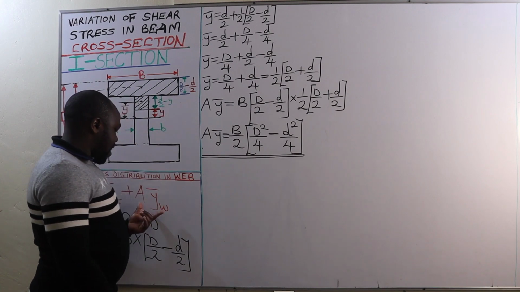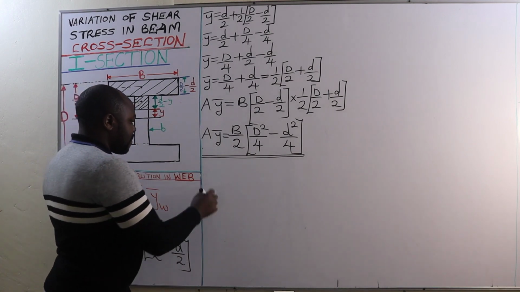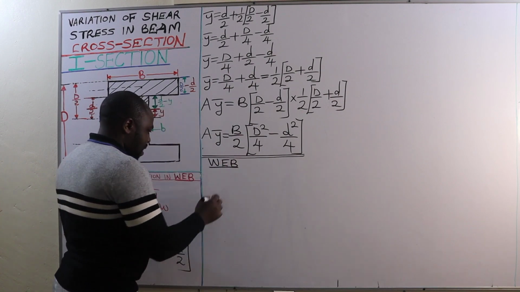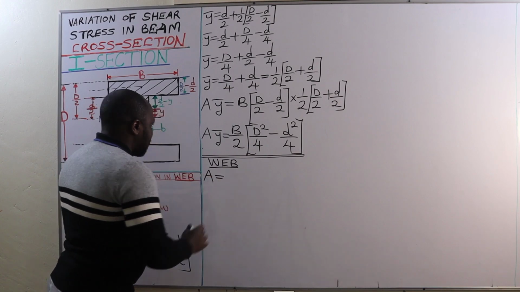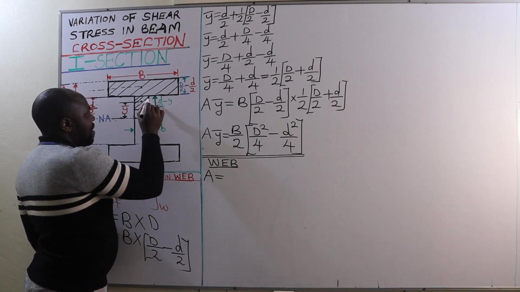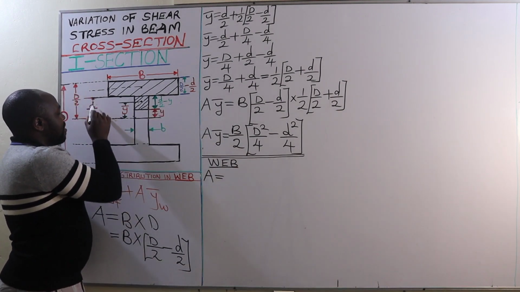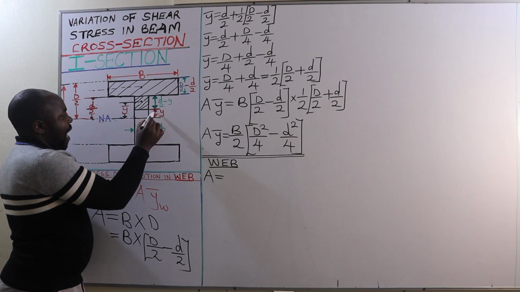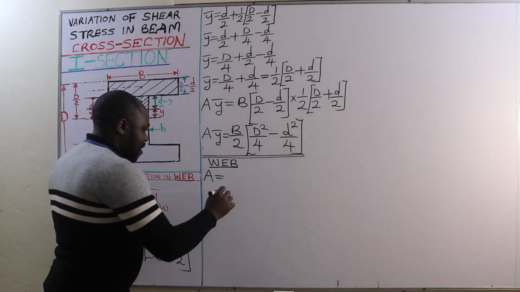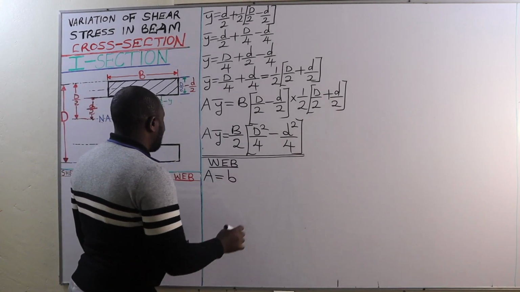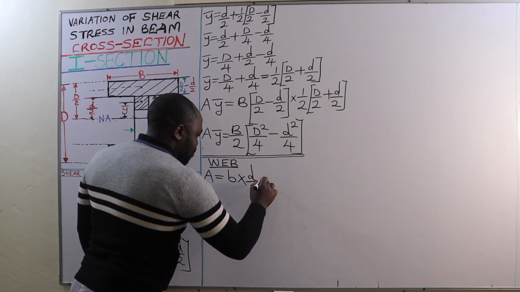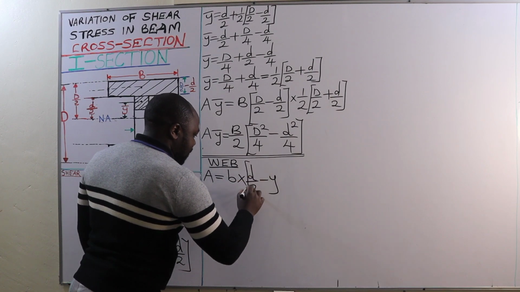Then you go to A bar y for the web. So the shaded web section, its area will be given by breadth times the depth, and the depth of this web is going to be d over 2 minus y. Therefore, the area of the web will be its breadth times its depth, which is d over 2 minus y.